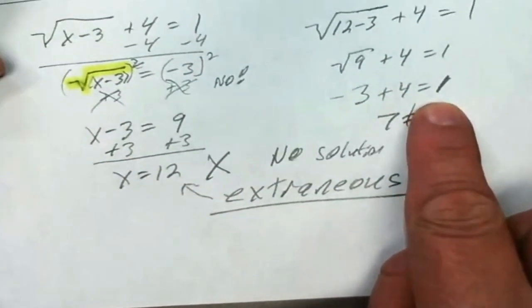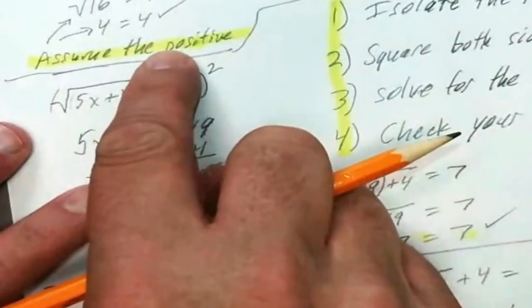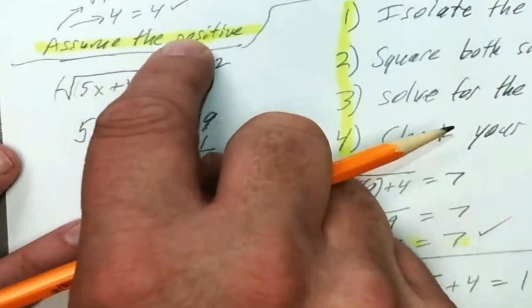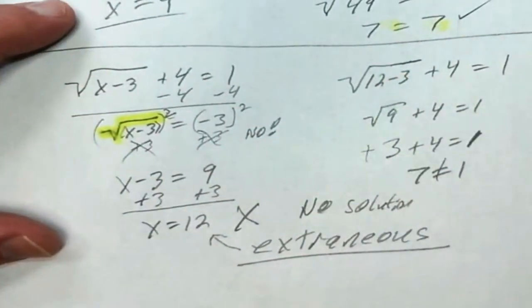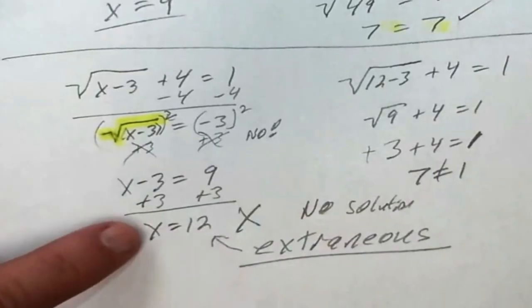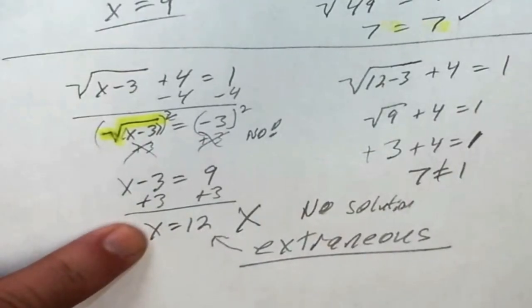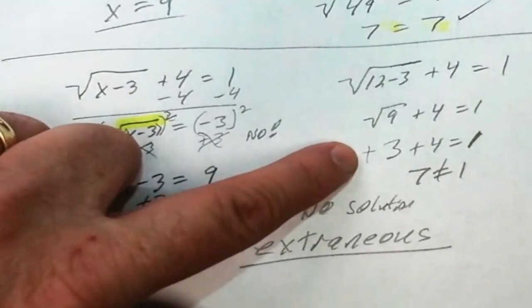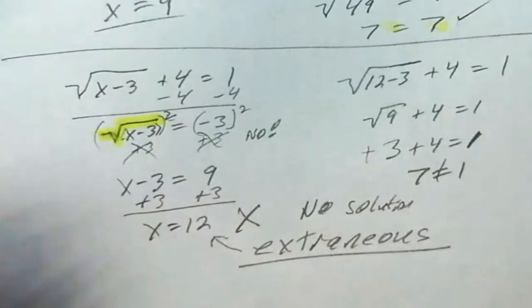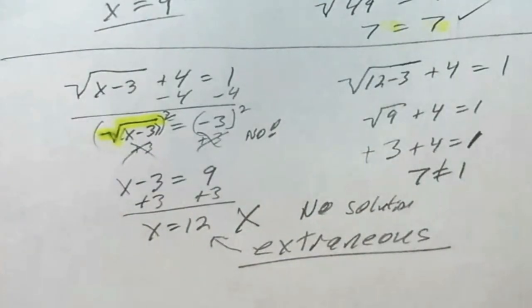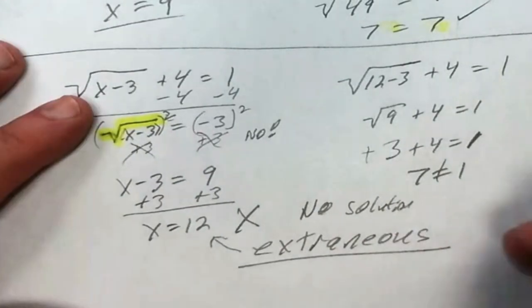But since when you solve radical equations, you always assume the positive root, this doesn't work. If we had taken the negative root, it would work. But the rule is you only take the positive root, so this is an extraneous solution.